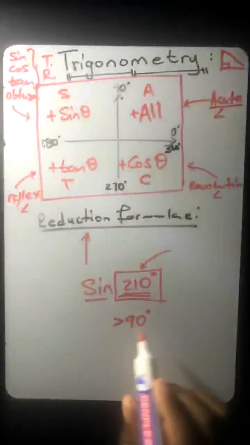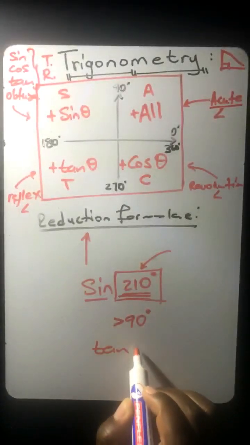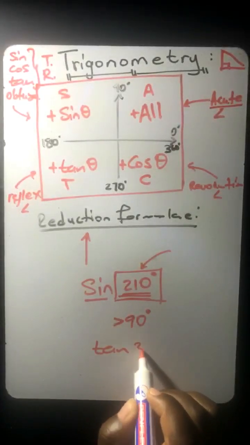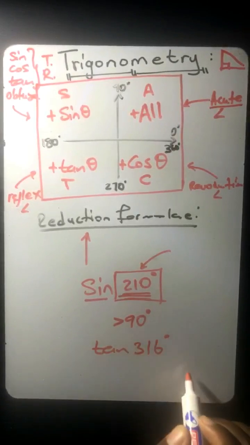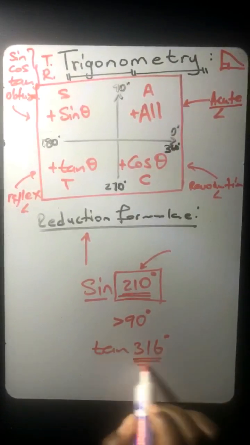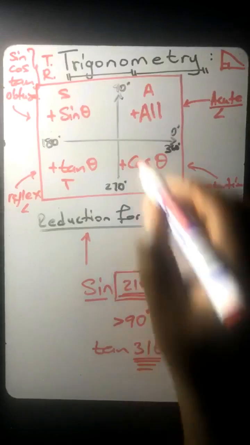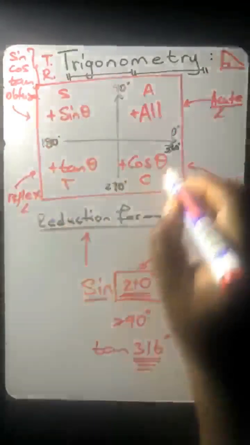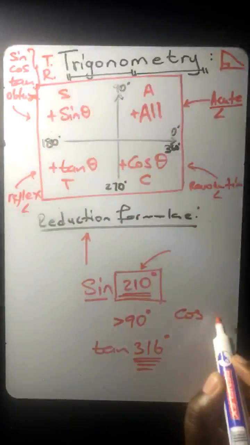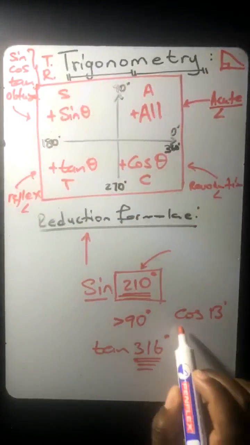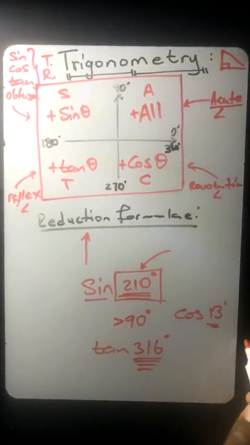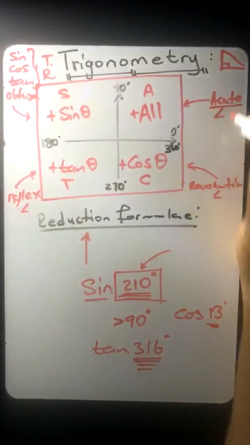If you have tan of, let's say, 316 degrees, ask yourself: can we reduce that angle? Yes. Why? Because it is greater than 90. What about, let's say, cos of 13 degrees? Can you reduce this angle? No, you can't. Why? Because already it's an acute angle.